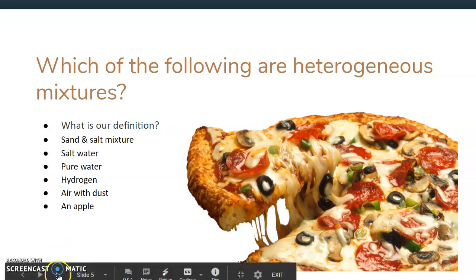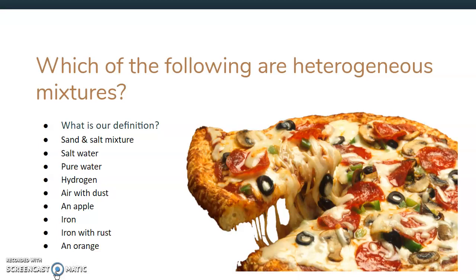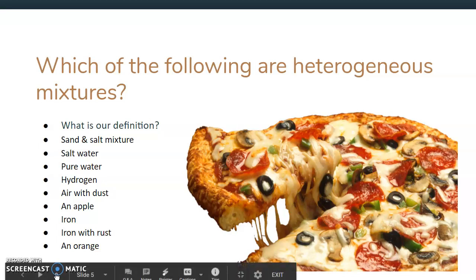For some reason, food works really well because we have our apple core and then the apple itself, which are different. Iron, we said, was an element. Iron with rust was a nice layering situation where we could see a heterogeneous mixture. And an orange is a great example of a heterogeneous mixture because we have our outer layer, our outer peel, and then we have the fruit and even a bunch of different barriers within the fruit.